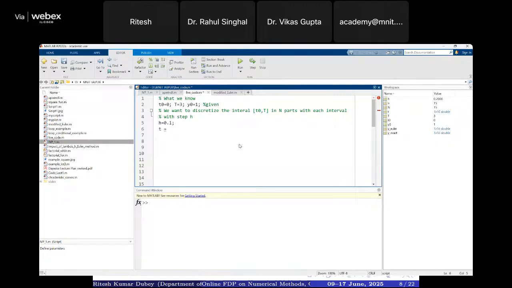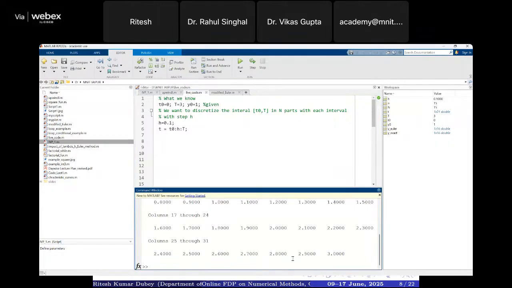I want to discretize the time interval, and I am storing this discretized value in a vector, which I denote as a variable t. Yesterday we discussed how we can use the colon symbol: start value, then increment, and then end value. If I run this code, what I get in t is around 31 values.